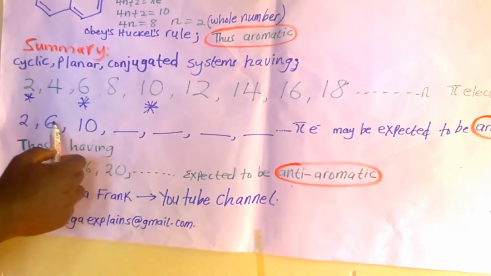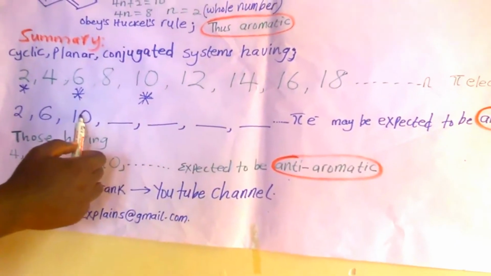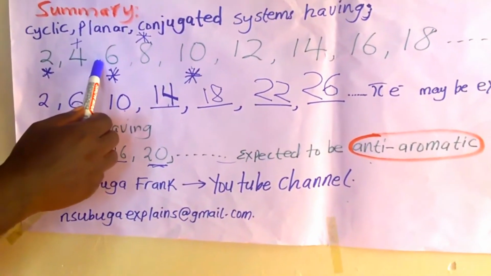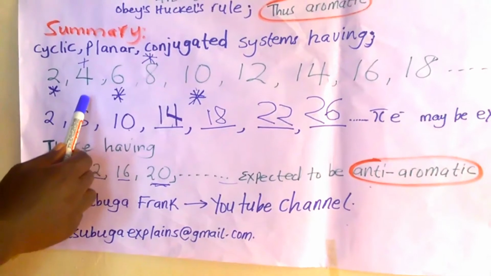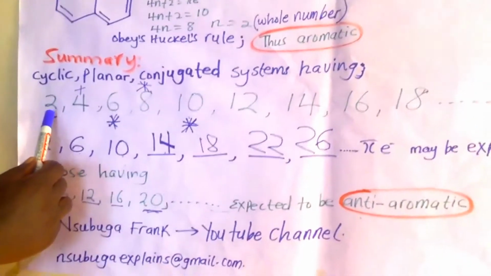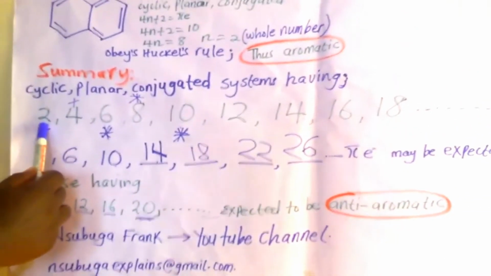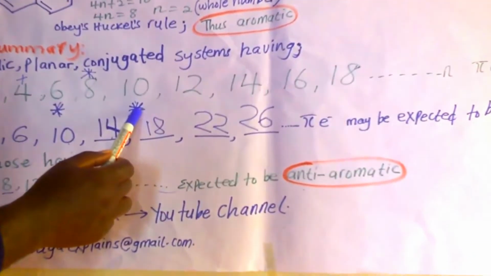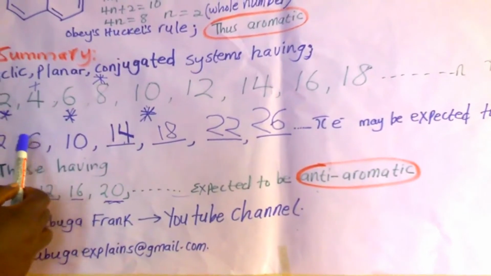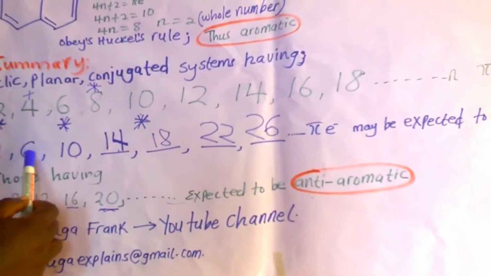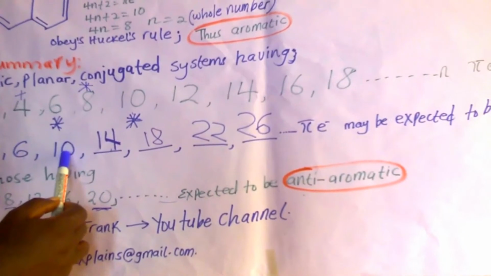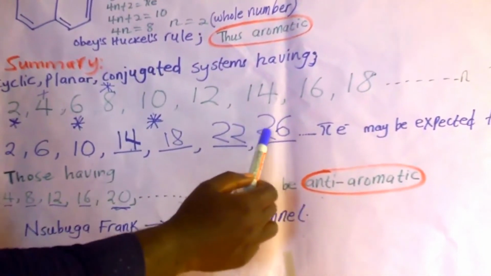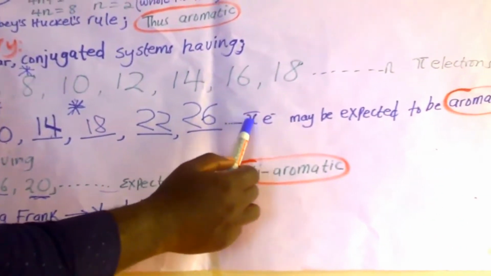Then looking between 6 and 10, we can develop a sequence so that we can try to understand this concept better. Remember we looked at the ones which had 2 pi electrons, 6 and 10. These were aromatic. So the sequence now is 2, 6, 10, 14, 18, 22, 26, and so on.